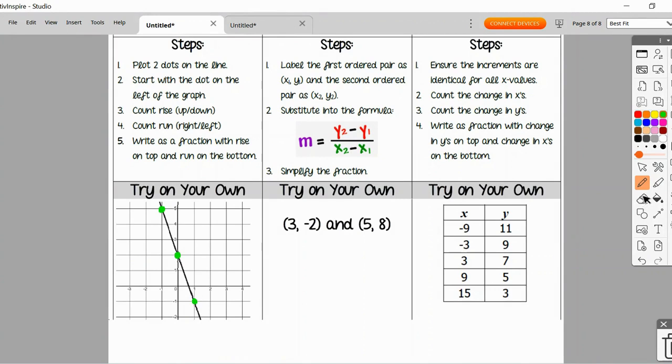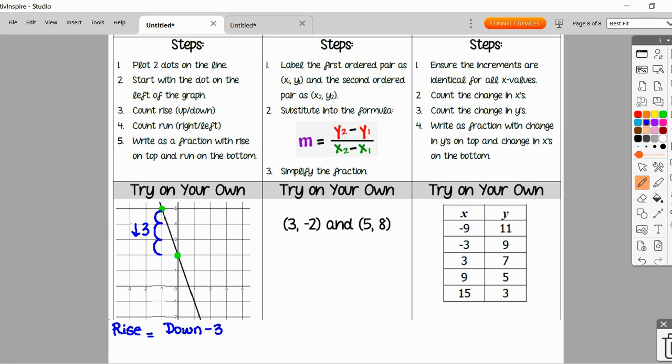And I'm going to choose the first 2 I plotted. Again, I count my rise, which will be from left to right, falling down 1, 2, 3. Again, because I went down 3, that's going to be a negative operation. So I'll put a -3.